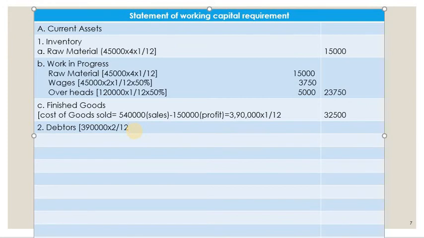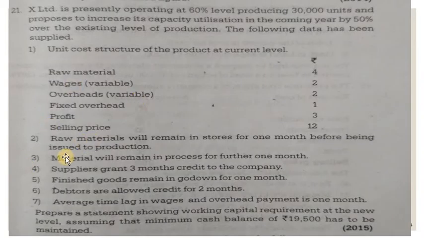We have already found out cost of goods sold, that is 3,90,000. So 3,90,000 into how much is the credit period given? It is 2 divided by 12, 2 months credit. So total is how much? It is 65,000.